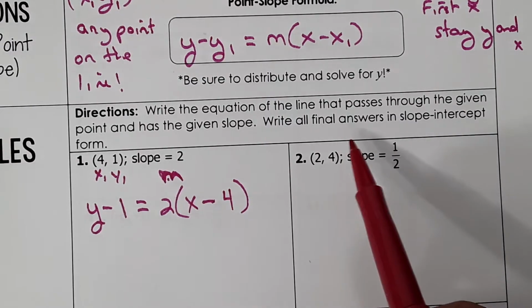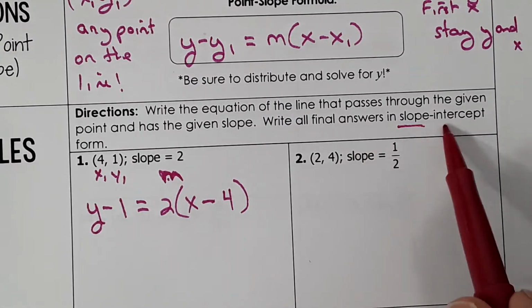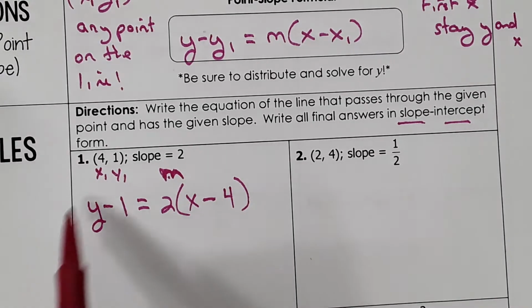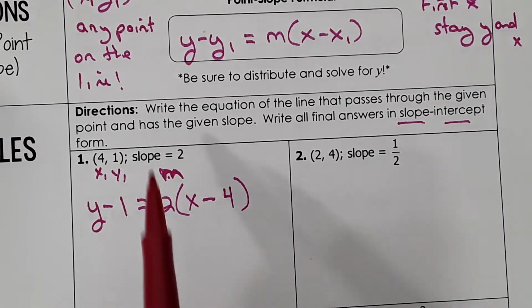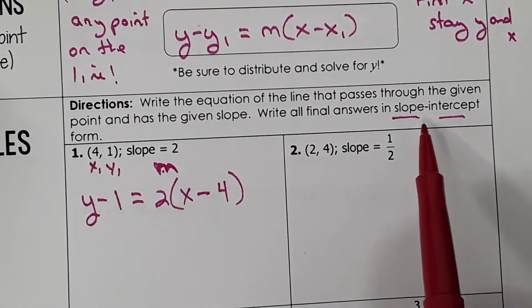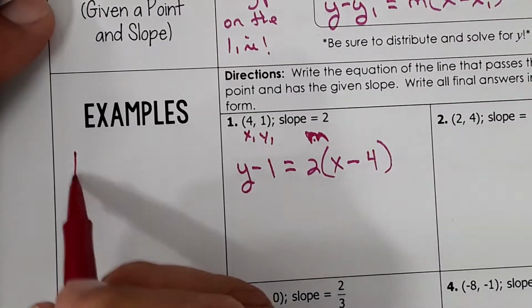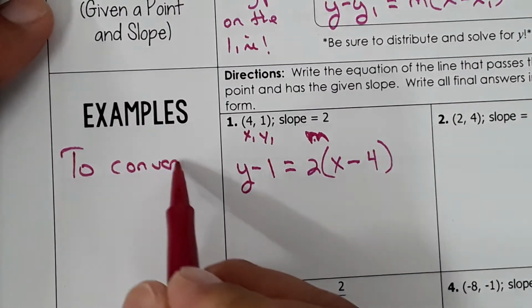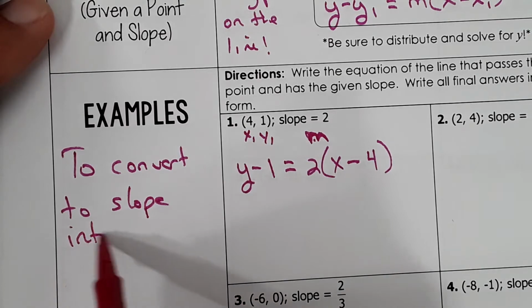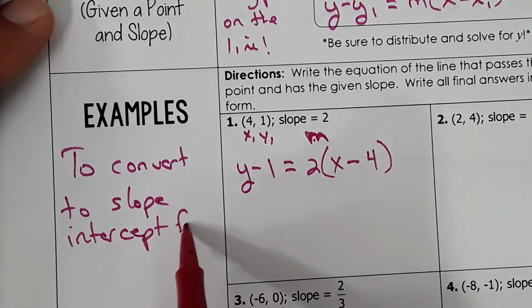Now, it also says write your final answers in slope-intercept form, which is y equals mx plus b. So this is in point-slope form, and it's really easy because I just need to plug those numbers in where they go. If I want to convert this to slope-intercept form, there's only 2 steps.